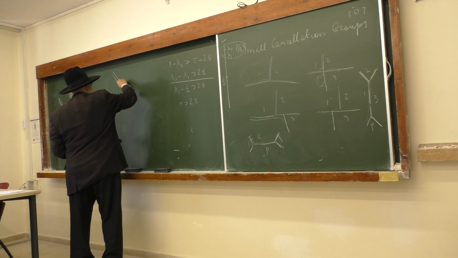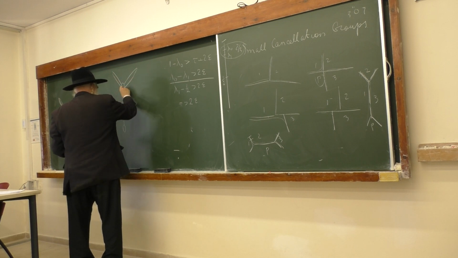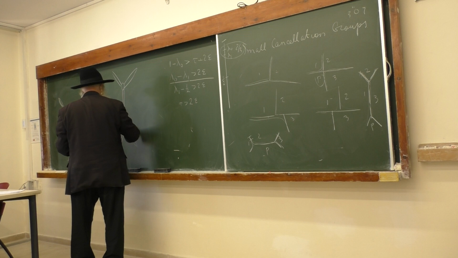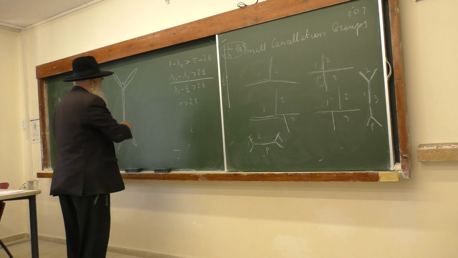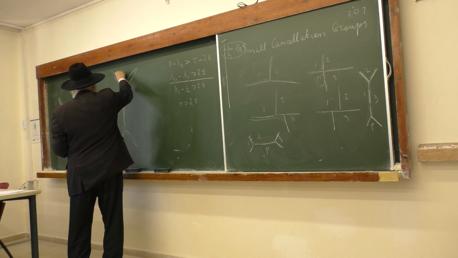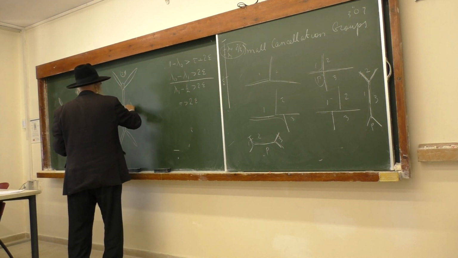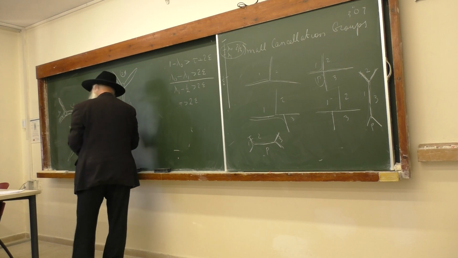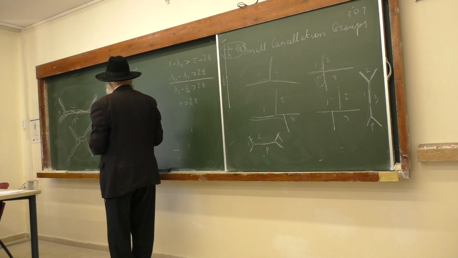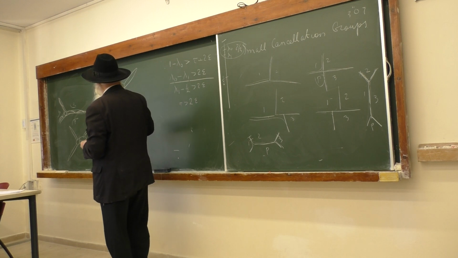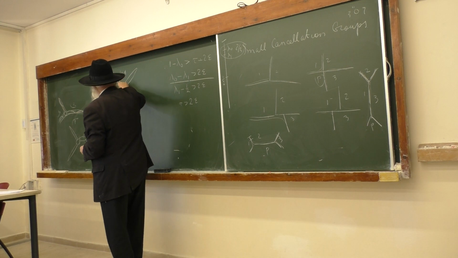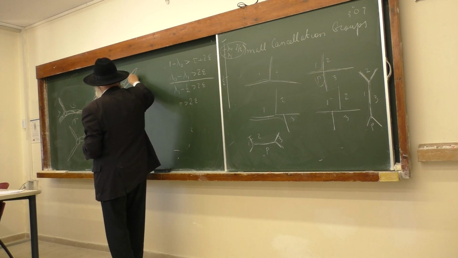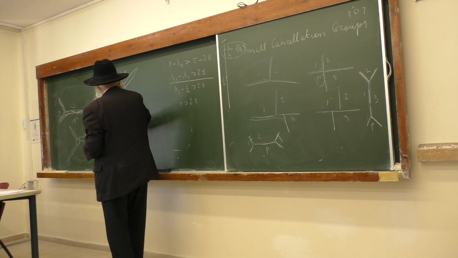So this is the first word, this is the second word, this is the third word, and this is the fourth. Now, either we take the first and the first, then we have to cancel this one, then the product should cancel out this one and this one.